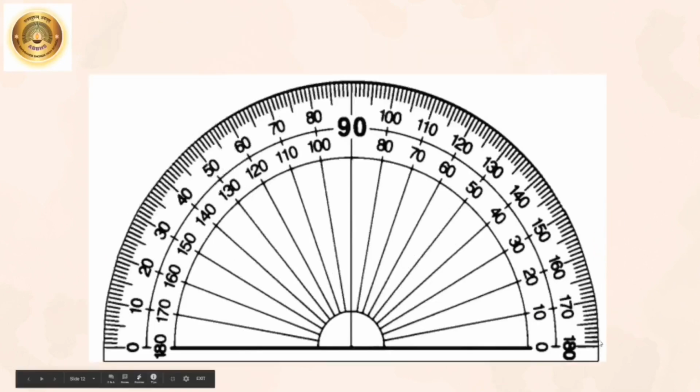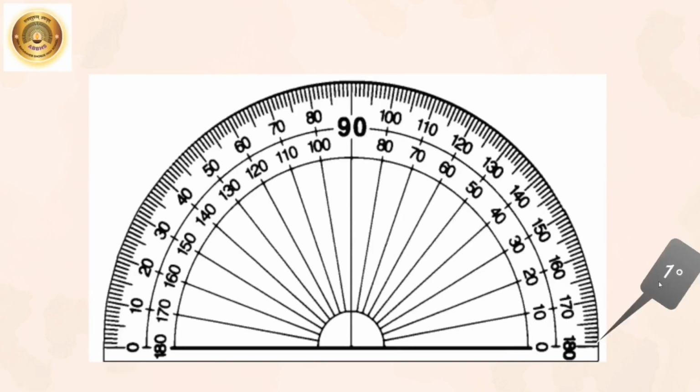The edge of the protractor is divided into 180 equal parts. You can see the small lines at the edge. Each part is 1 degree, and 1 degree is written as 1 and a small 0 on top. Degree is the unit of measuring an angle. Now if you observe, the measurement starts at 0 here.